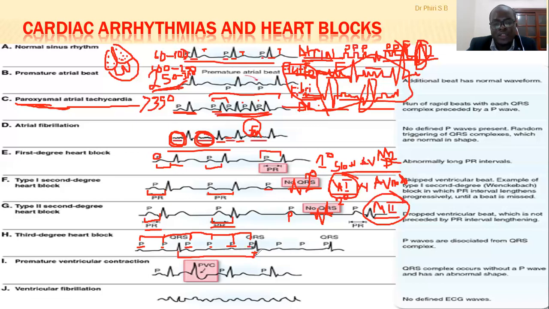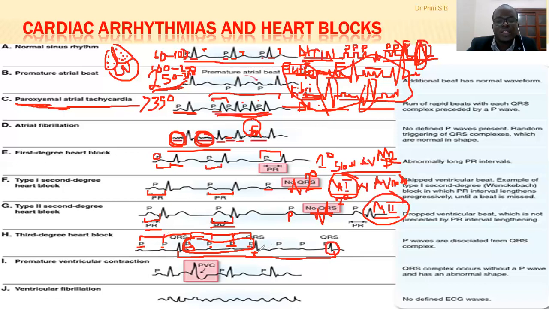It will be the same distance from this QRS to another QRS. So there is consistent P to P interval. There is also consistent R to R interval, but there is no correlation between the P waves and the QRS complex because the atria, they are contracting on their own, then the ventricles are also contracting on their own.